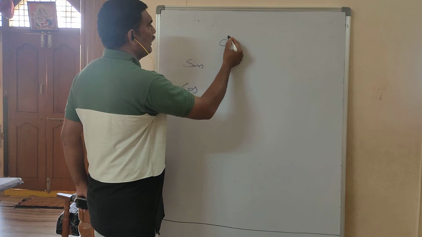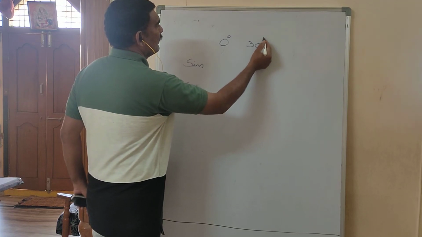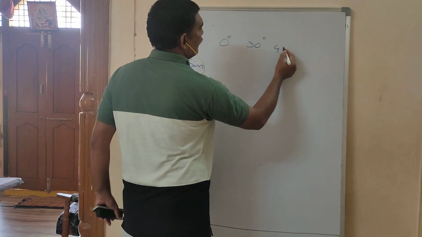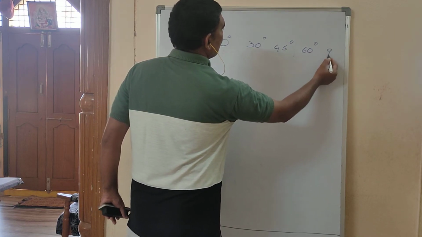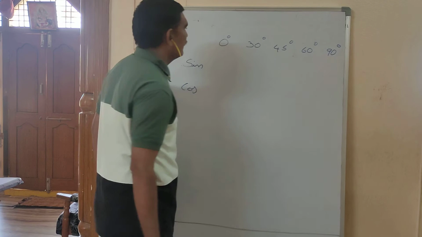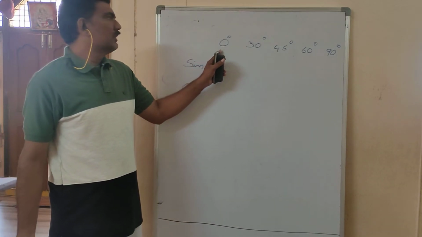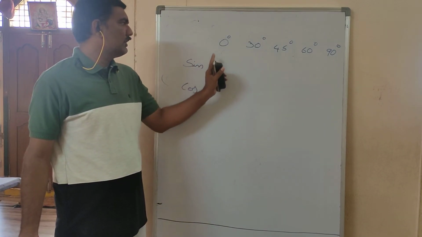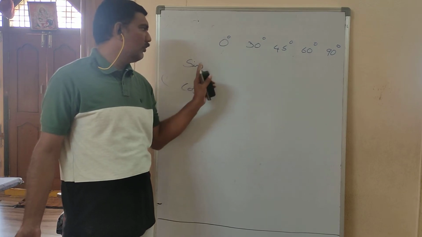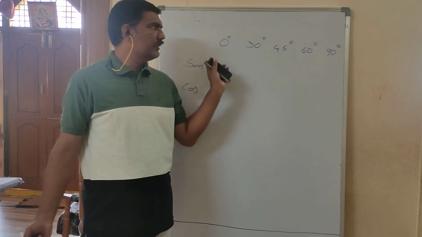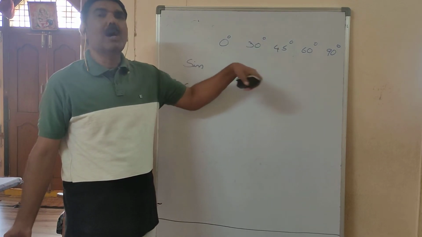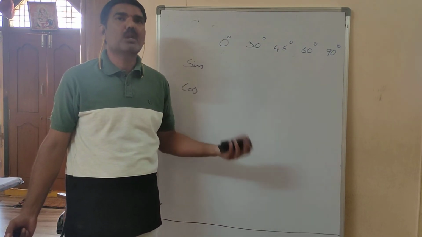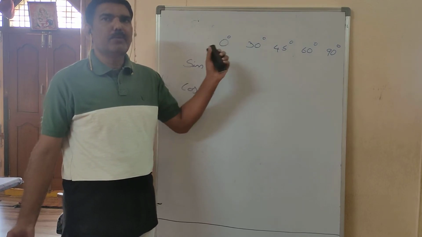You have here 0 degrees, 30 degrees, 45 degrees, 60 degrees, 90 degrees. So what is the sine 0 degrees value? Sine 30 degrees value? Sine 45, sine 60, sine 90. How to remember and how to write these values is very important.